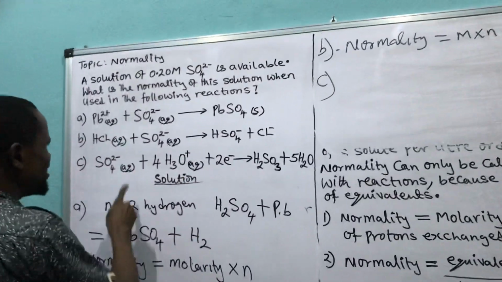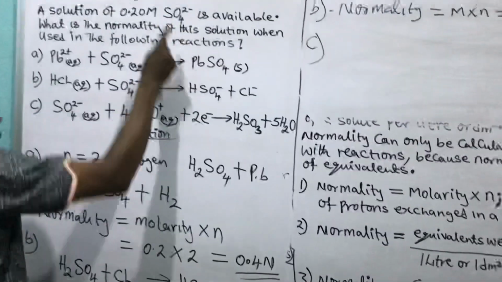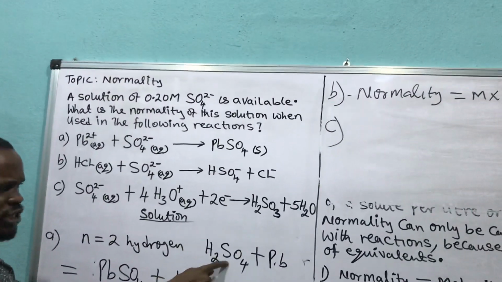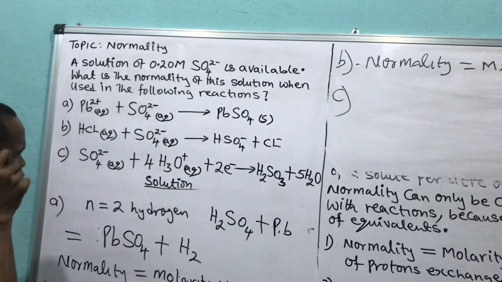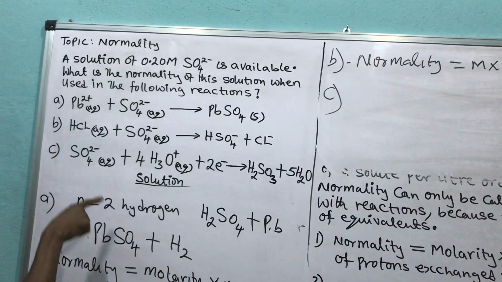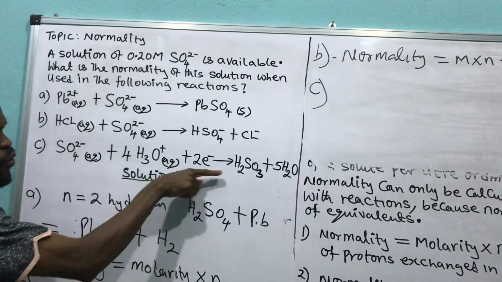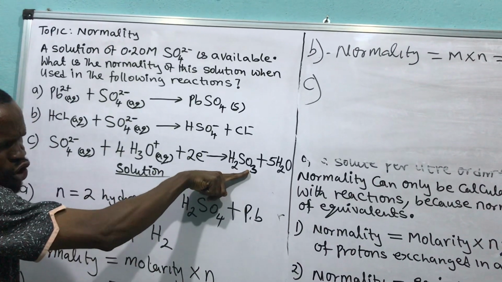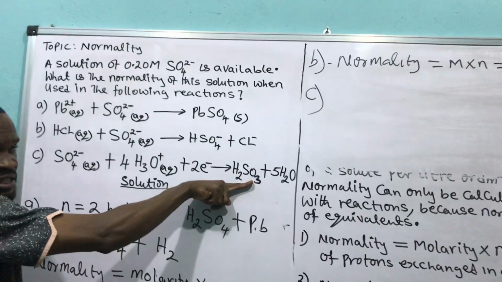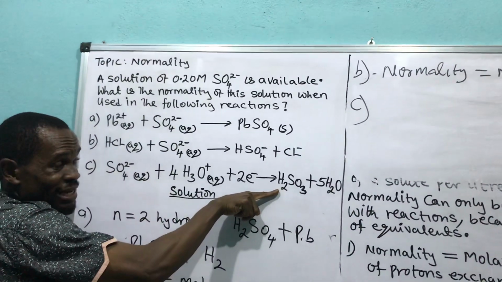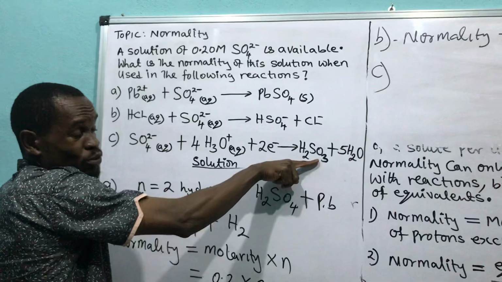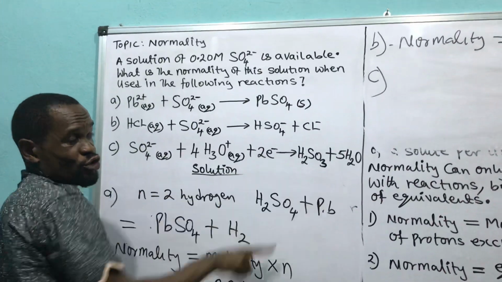You see that this is H2SO4 reacting with water. And what happened? When it reacts with water, one oxygen was lost. You see the hydrogen is there, but one oxygen was lost.